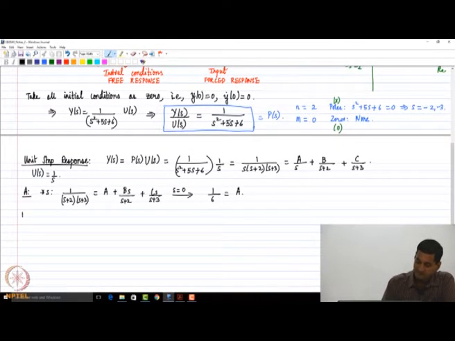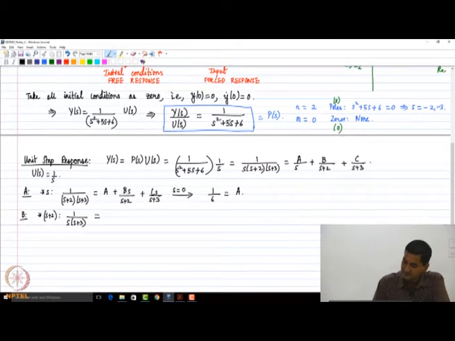So similarly, if I want to figure out the residue b, I multiply by s plus 2. So what do I get? I get 1 by s times s plus 3. That's going to be equal to a times s plus 2 divided by s plus b plus c times s plus 2 divided by s plus 3, right?